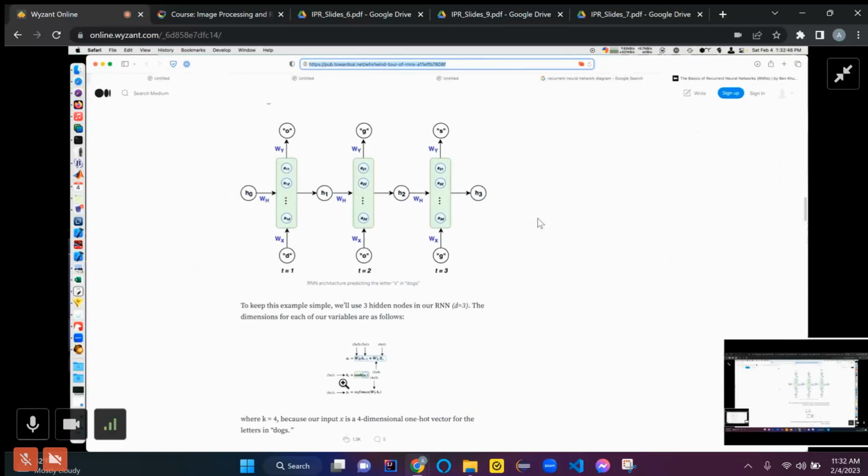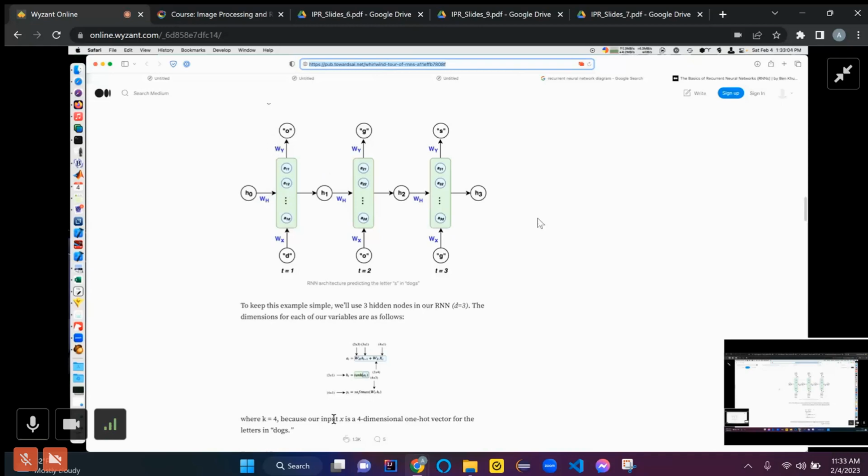Okay. Yeah, they're saying that each Y would be a vector, where what they're doing is a softmax, meaning they're producing a single prediction at each output.